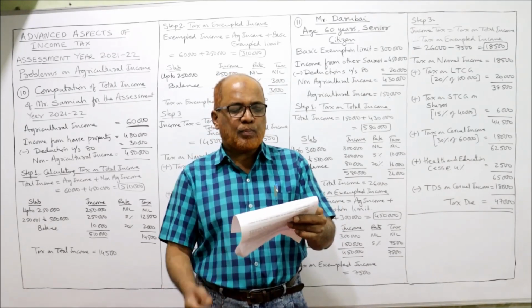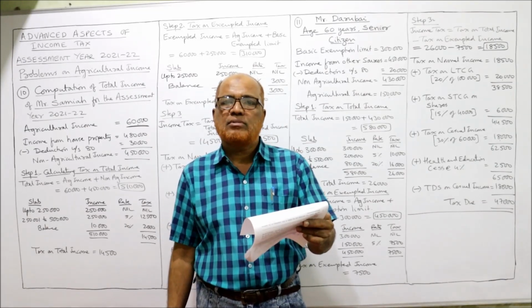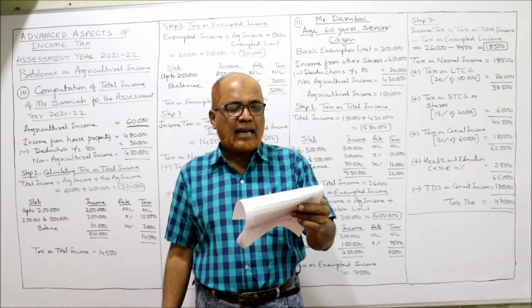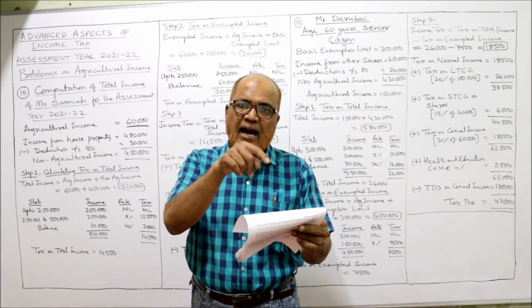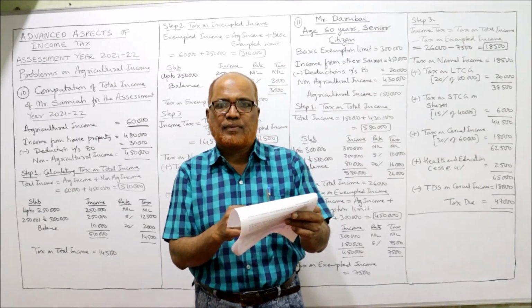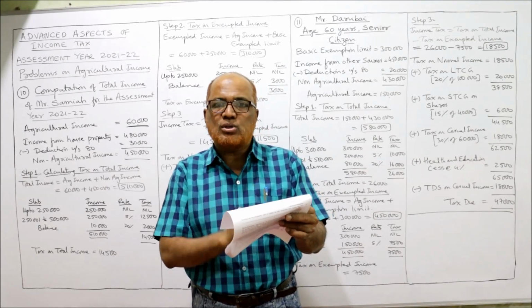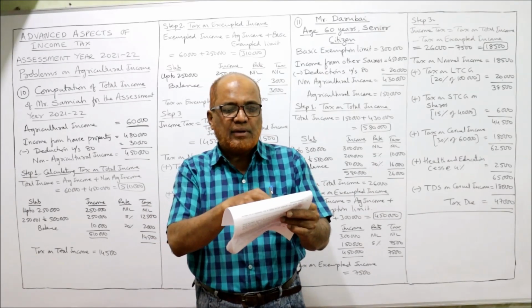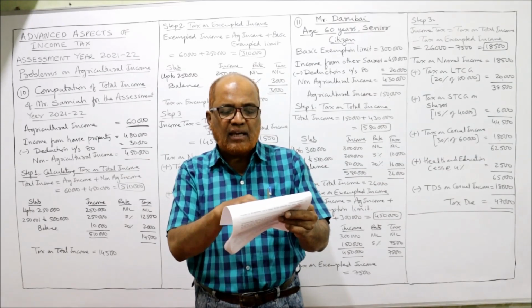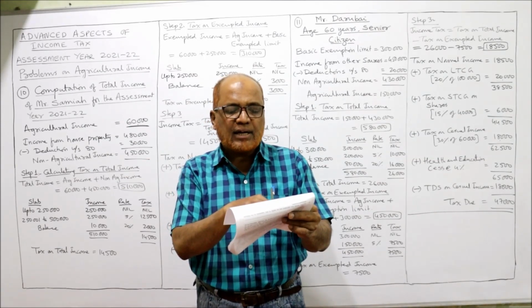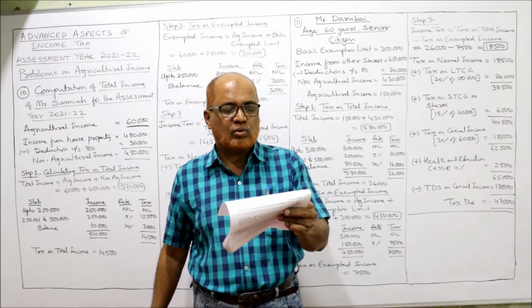Now, income from house property 4,80,000. This is non-agricultural income. Then agricultural income 60,000. That means this assessee is having agricultural income and non-agricultural income. Agricultural income is 60,000 and non-agricultural income from house property 4,80,000. Long-term capital gain 1 lakh, winning from lottery 50,000, deduction under section 80 30,000.